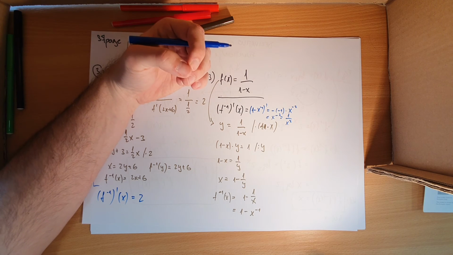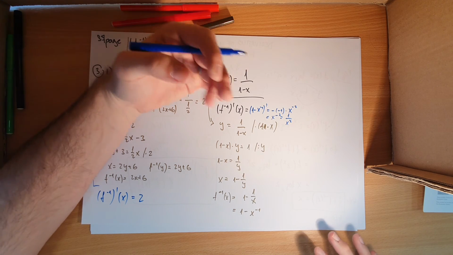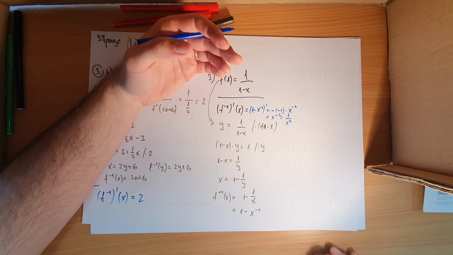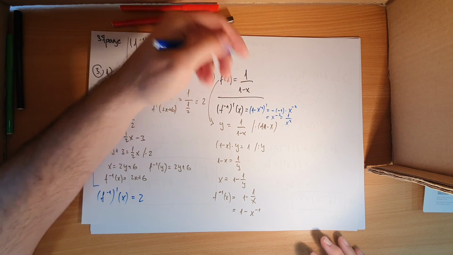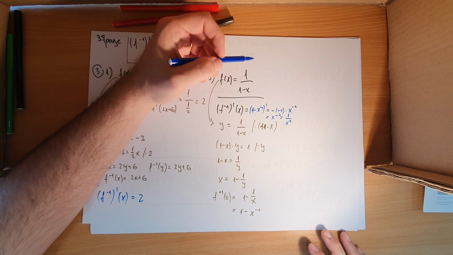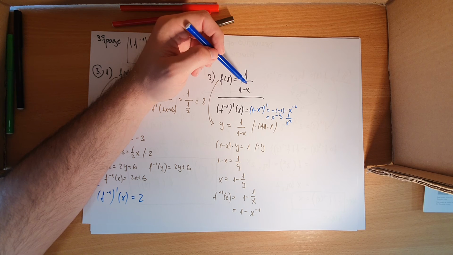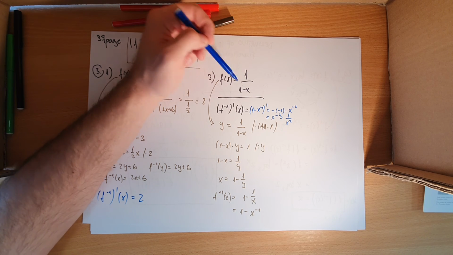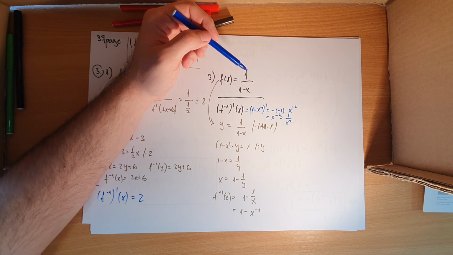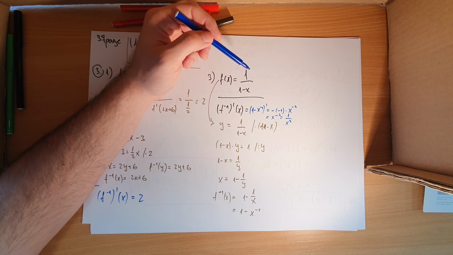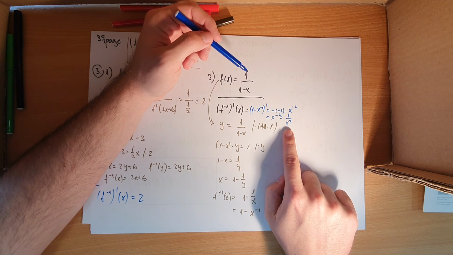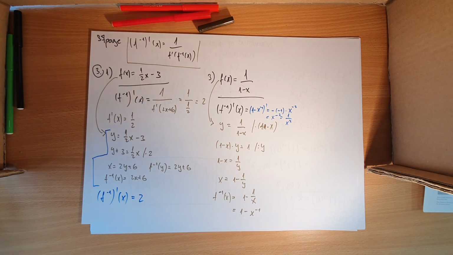And I would like you guys to think about this stuff, even in these tasks when we're doing them. So I'm not going to tell you, oh, find the domain, but the domain is basically the whole real set except 1, because you cannot divide by 0. So this is what would be in this case, and in the second case, for the inverse function, x cannot be equal to 0, and so on.